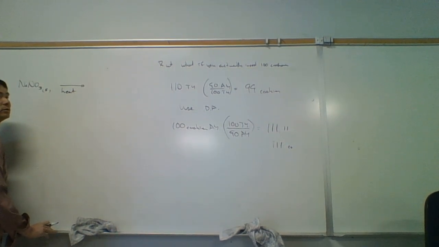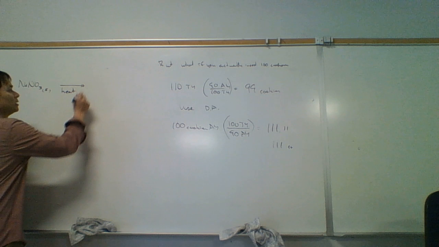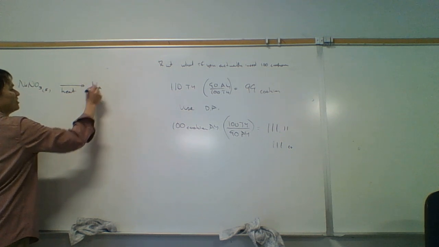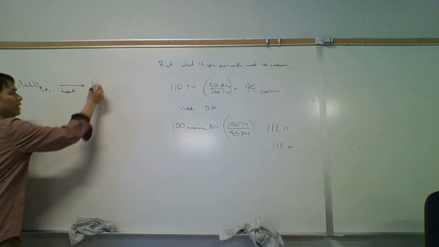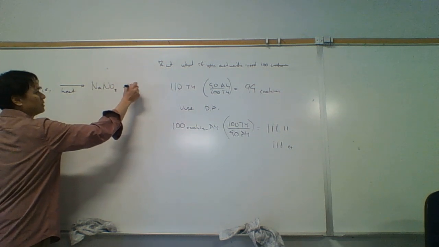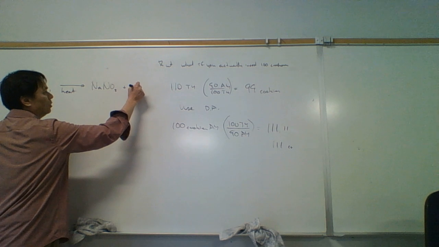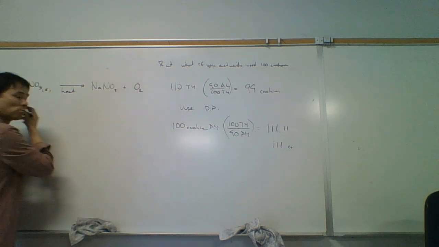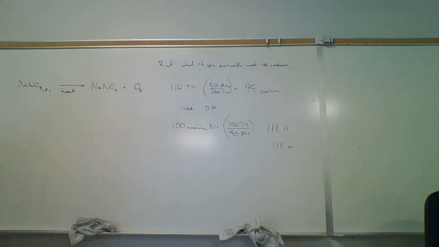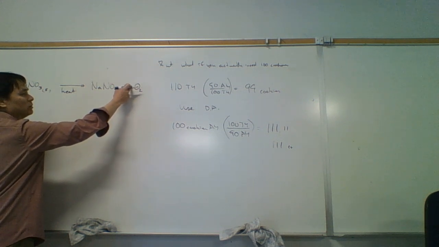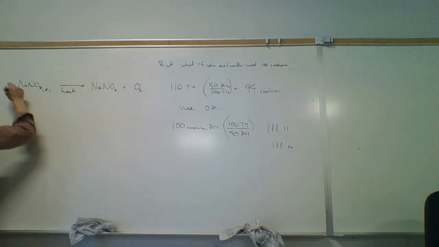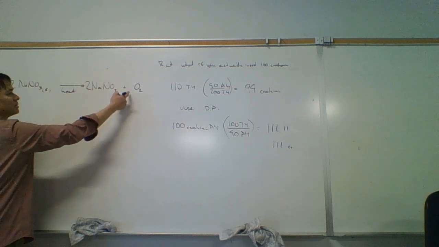They're going to produce oxygen gas and sodium nitrite. What's the formula for sodium nitrite? NaNO2, and oxygen gas, O2. And we need to balance this. To balance this, I'm going to need 3 oxygens on both sides. So I'll just double these, and then I'll have 1 O2.